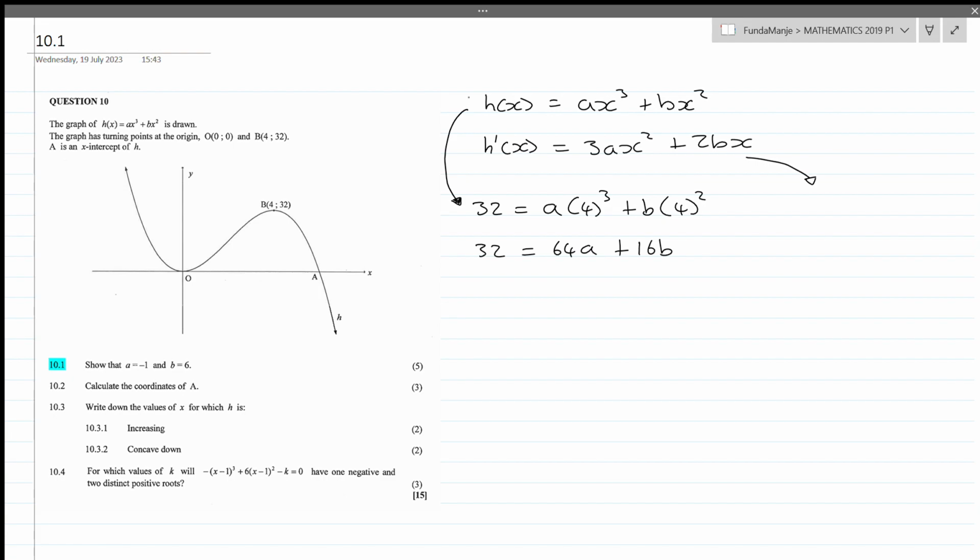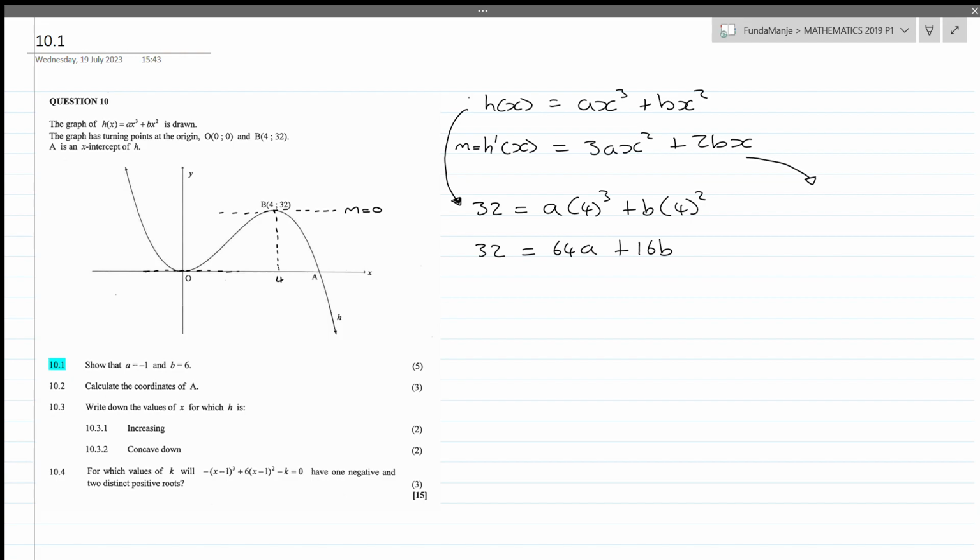Now remember, the first derivative describes the gradient, and we know that at the turning points the gradient is 0, which means the gradient is 0 when x is 4.